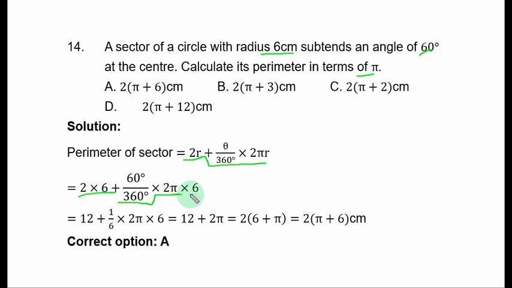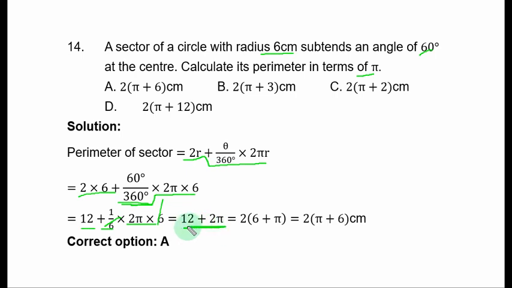So 2 pi times 6. 2 times 6, you have 12. If you reduce this term, you have 1 over 6 times 2 pi times 6. So 6 cancel 6. You are left with 12 plus 2 pi.